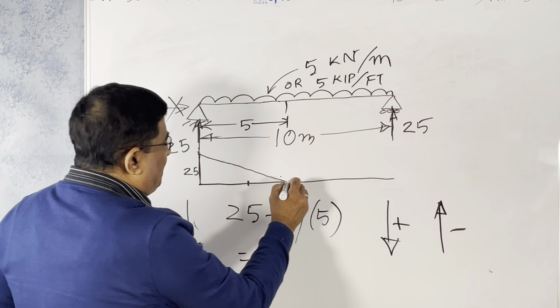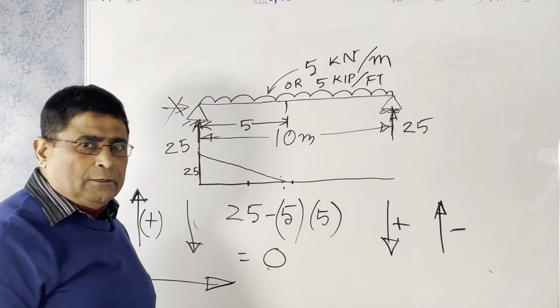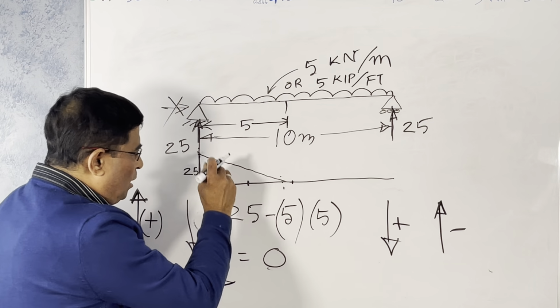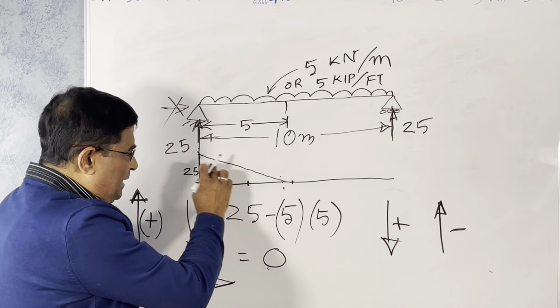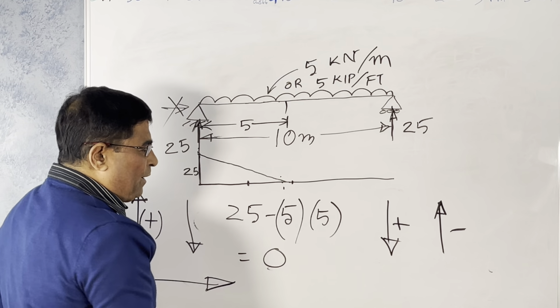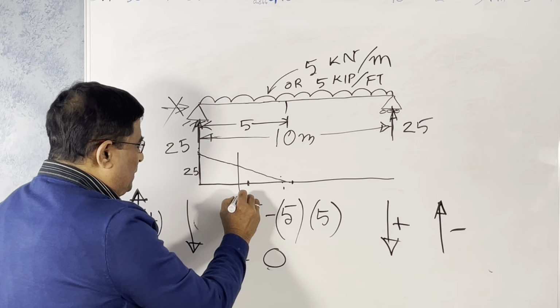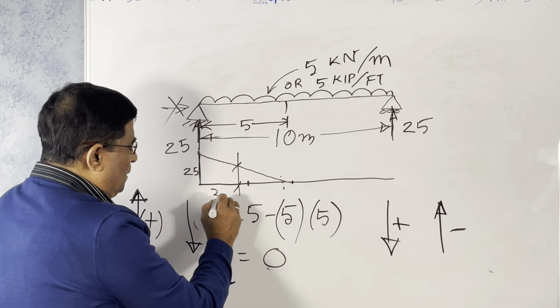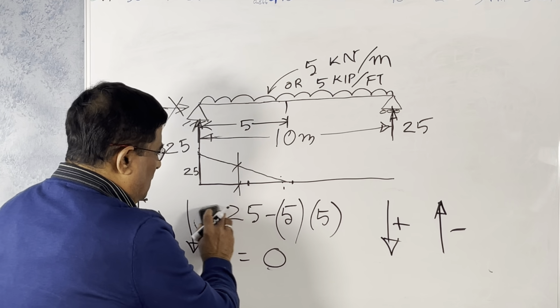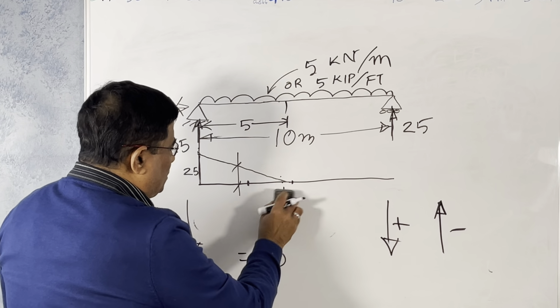At the midpoint the shear force is 0, but it is gradually varying slowly because it is 25 minus distance times intensity, and it is 0 at this point.